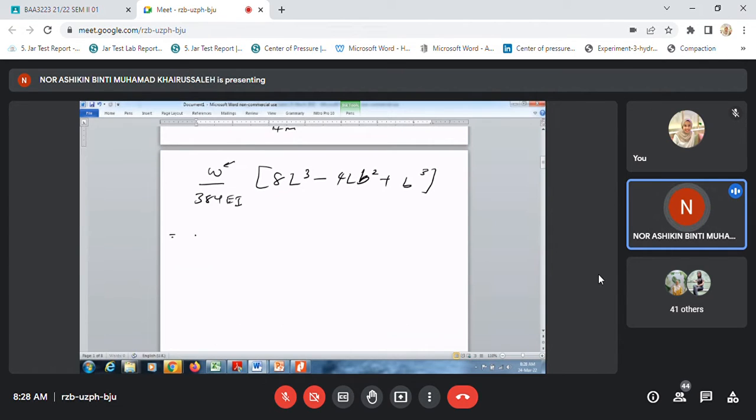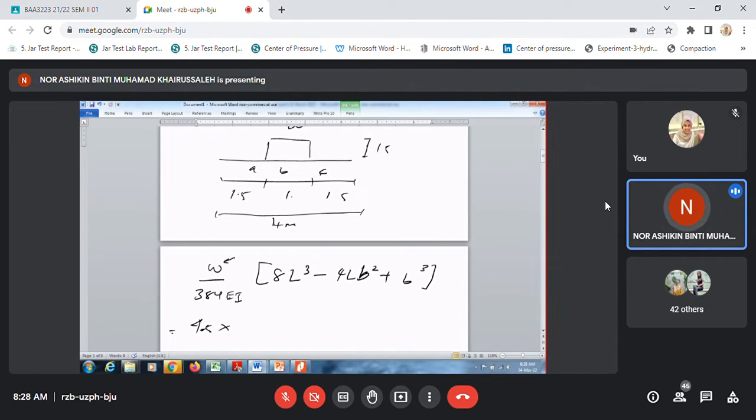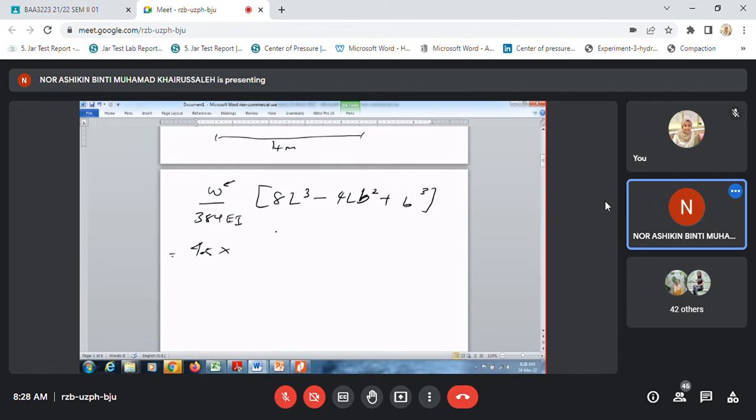So just put in the calculation: 4.5 kilonewton per meter times, you know that it's going to be 1 meter, isn't it? Right. Yes, doctor.